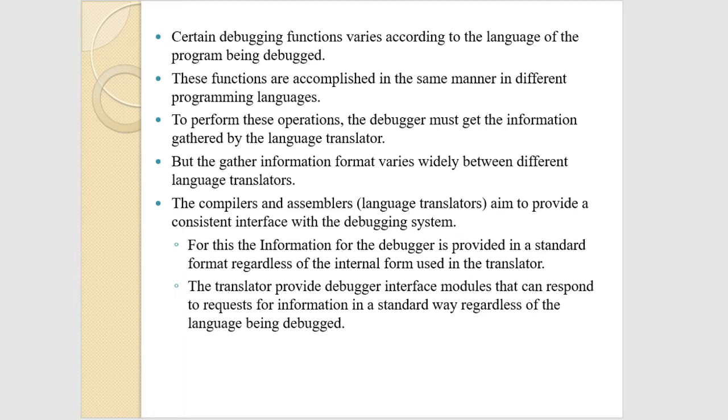The compiler and assembler aim to provide a consistent interface with the debugging system. For this, the information for the debugger is provided in a standard format regardless of the internal form used in the translator. And also the translator provides debugger interface modules that can respond to requests for information in a standard way regardless of the language being debugged.